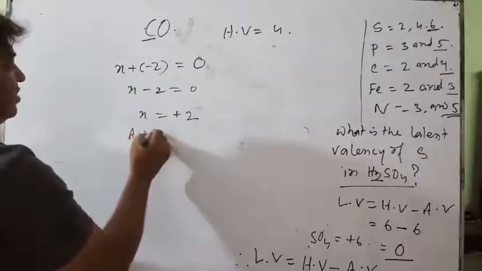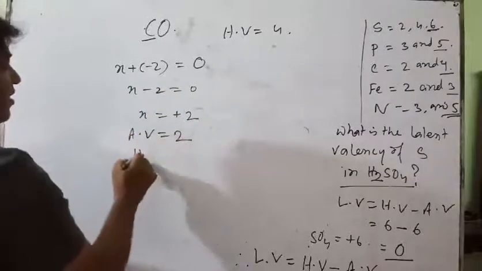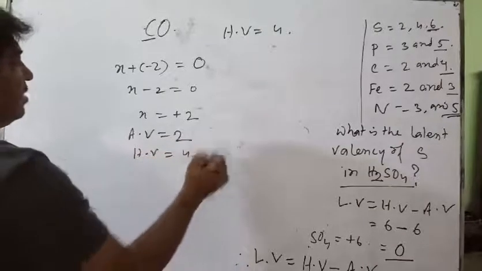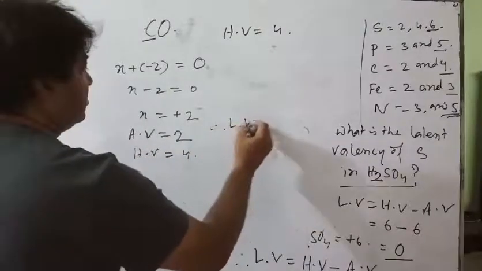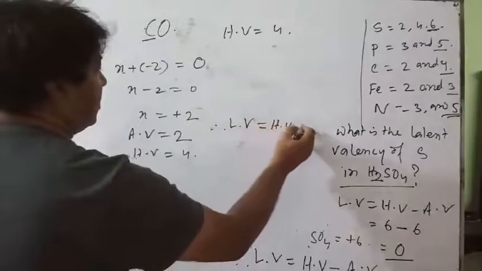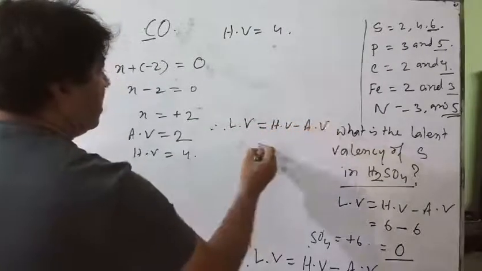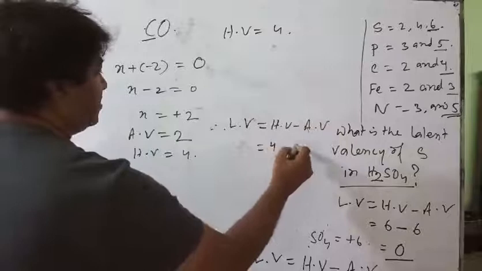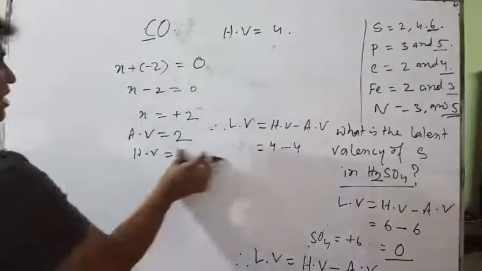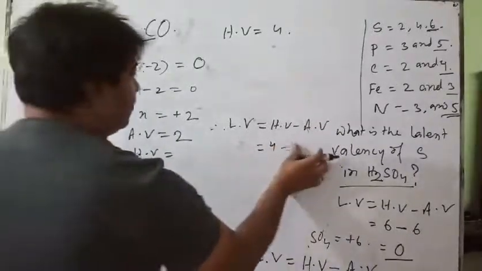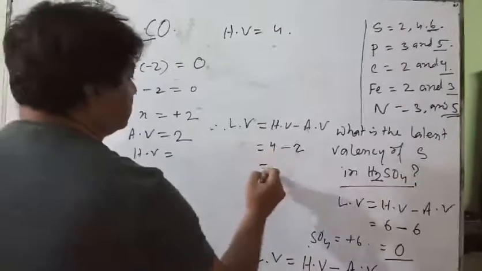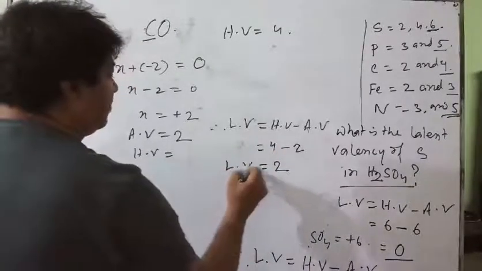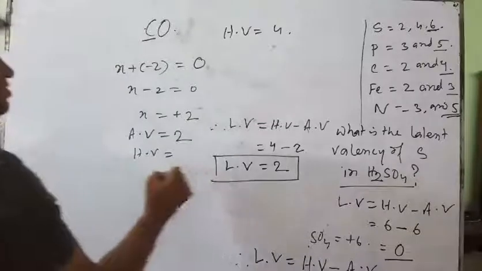So the active valency equals 2. Highest valency we already know is 4. Therefore latent valency equals highest valency minus active valency. Highest valency 4, active valency 2. So the latent valency of carbon in carbon monoxide is 2.